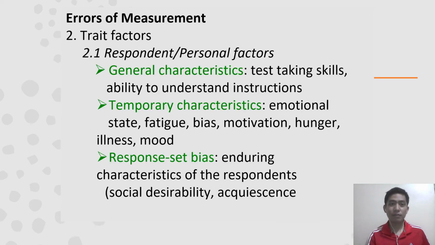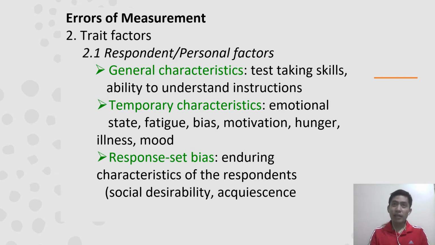Trait factors, errors of measurement: we have respondents' personal factors, general characteristics, test taking skills, ability to understand instructions. So your population and sampling is very important for us to tailor fit your questionnaire to your specific informants or respondents.